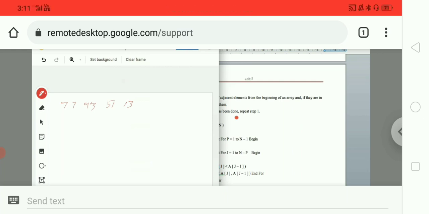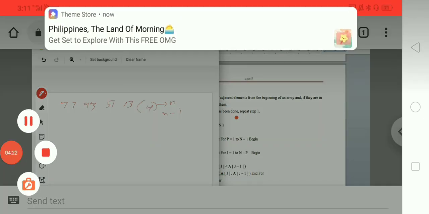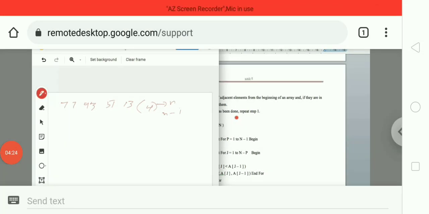Here we have 4 elements, that means n, and we have to do n-1 iterations. So the basic rule is we have to do n-1 iterations, not n.